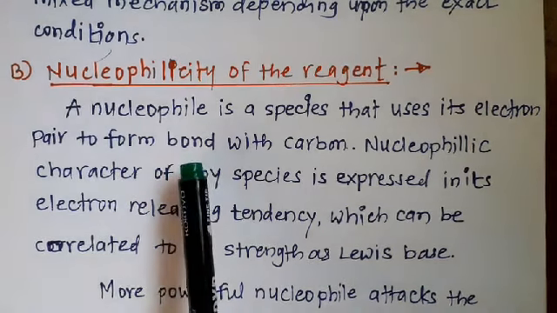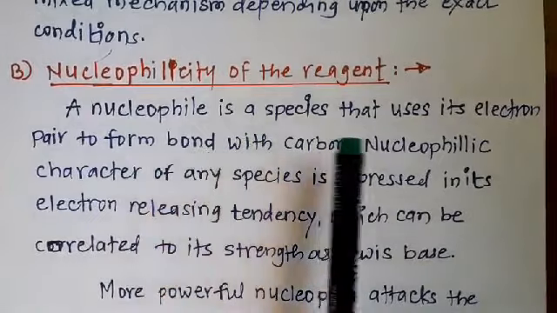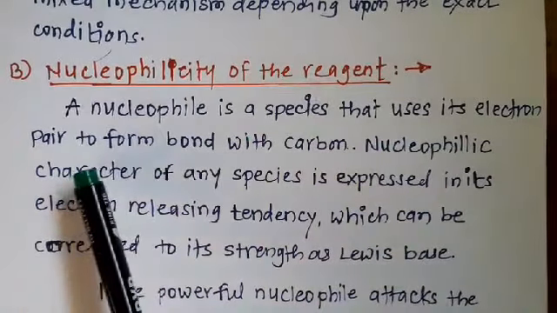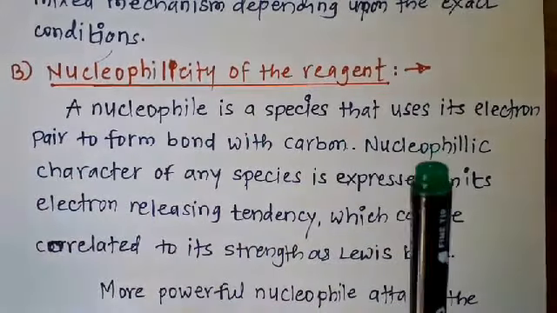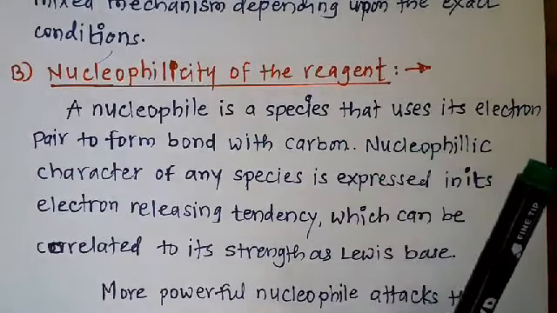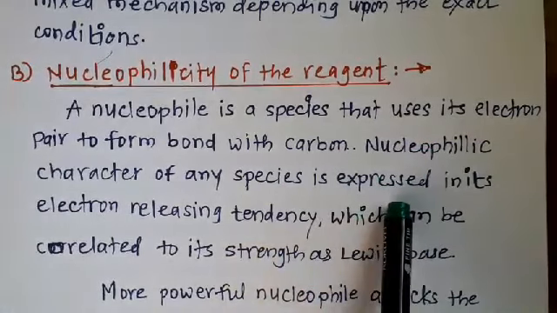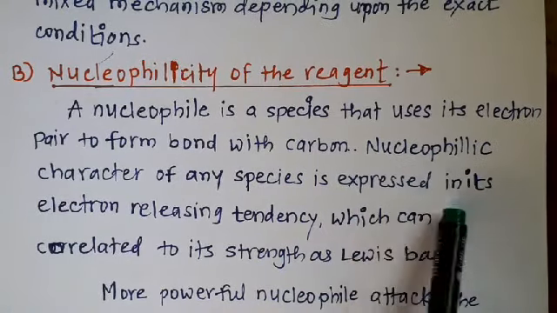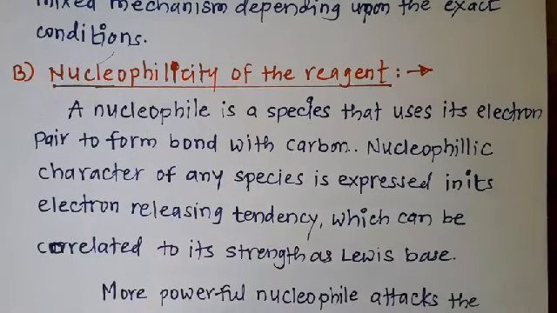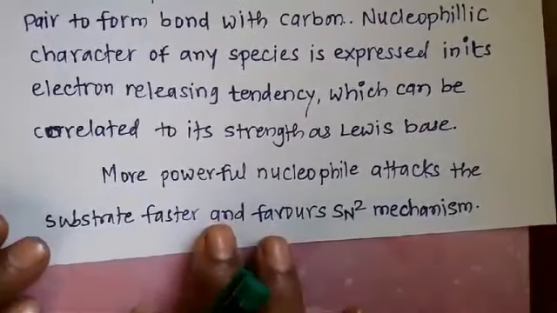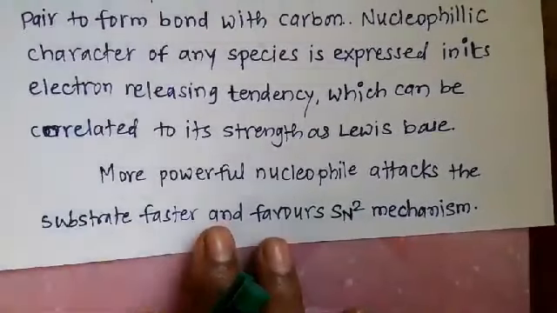Now, a nucleophile is a species that uses its electron pair to form a bond with carbon. And the nucleophilic character of any species is expressed in its electron releasing tendency, which can be correlated to its strength as a Lewis base.